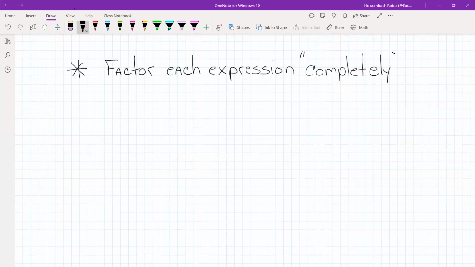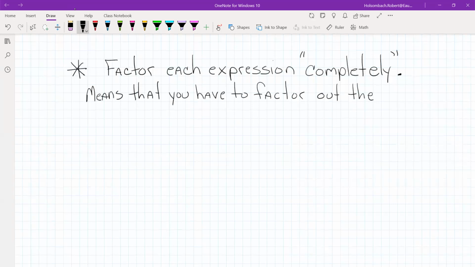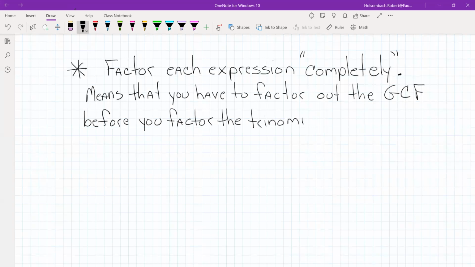Factor each expression completely means that you have to factor out the GCF, the greatest common factor, before you factor the trinomial.